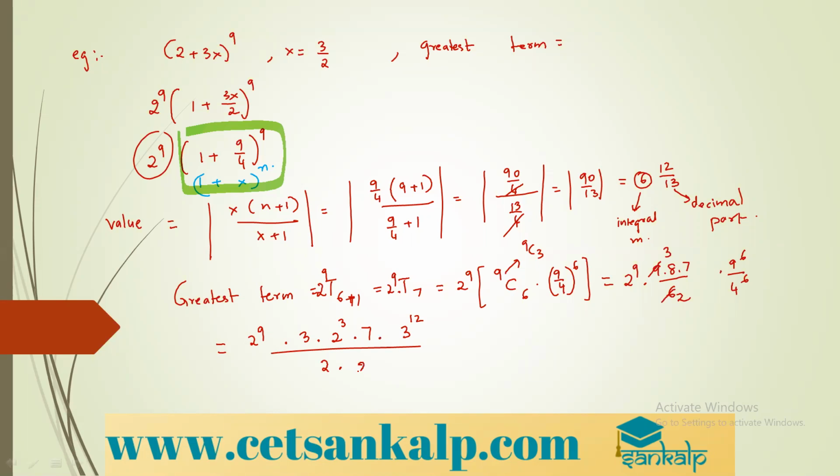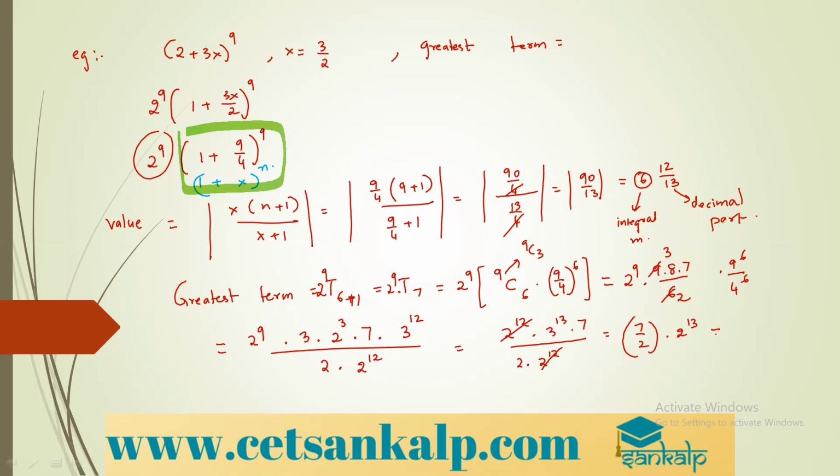And 4 is 2 square, power 6, so 12. That means in the numerator, I have 2 power 12 and 3 power 13 and 7. Denominator, I have 2 power 12 and 2. So 2 power 12 I can cancel.